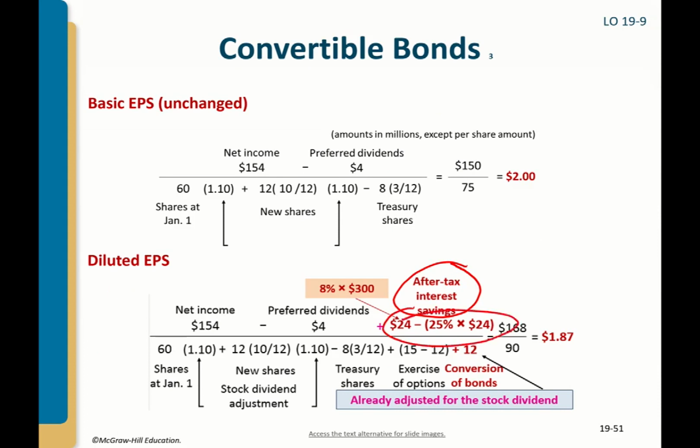What happened is the interest we will save is 8% times 300 million, right? And the tax effect is 25% of that. Therefore, the net amount we save is 24 less 24 times 25%. Let me calculate.